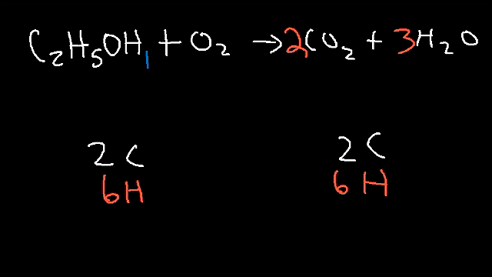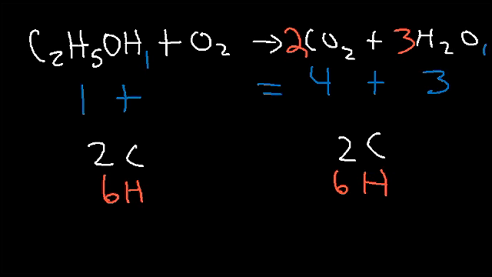So now, let's move on to the oxygen atoms. In the 2 CO2 molecules, 2 times 2 is 4, so we have 4 oxygen atoms there. 3 times 1 is 3, so we have 3 oxygens in the 3 water molecules. Notice that we have an oxygen in ethanol.